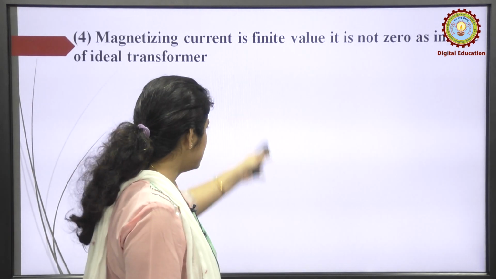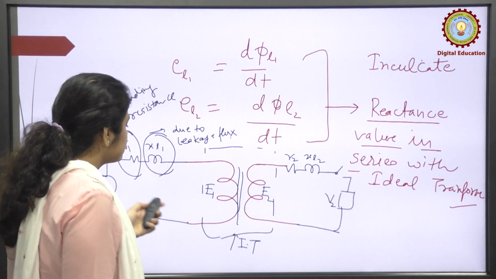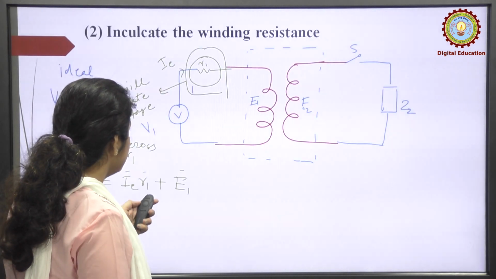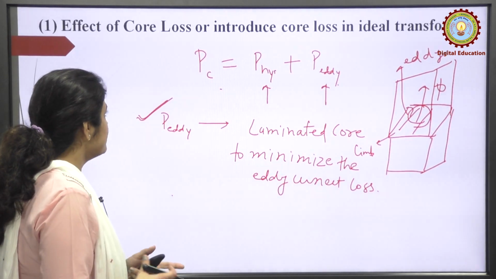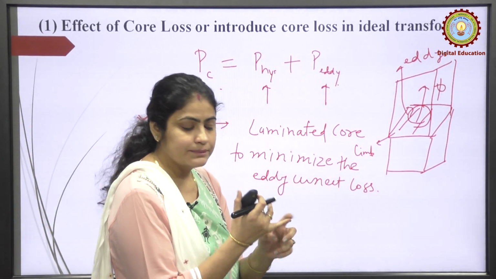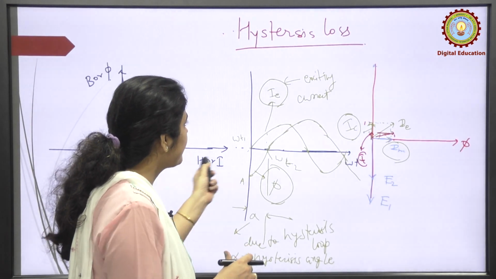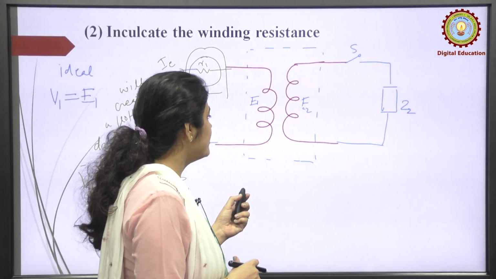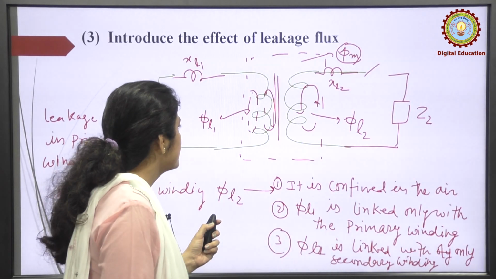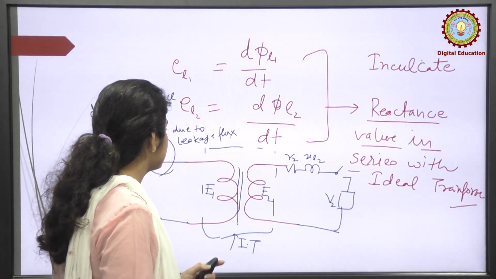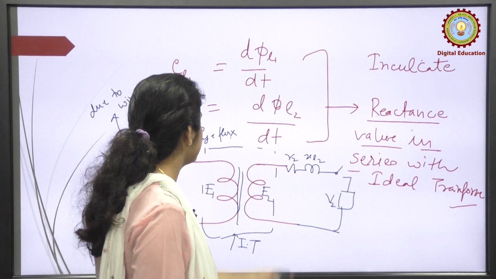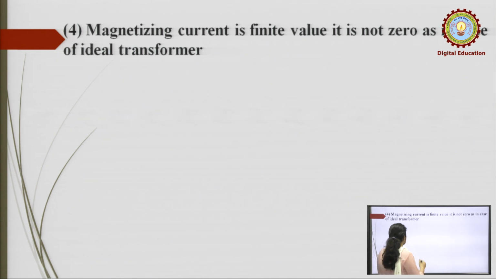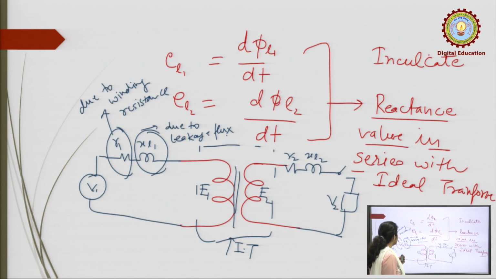So, if you see the previous slides, first you introduce the core loss, second you introduce the winding resistance, and third you introduce the leakage reactance. So, the combined circuit will become R1, X1, R2, X2.